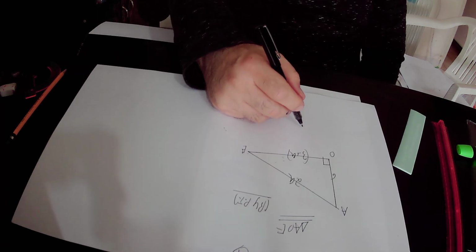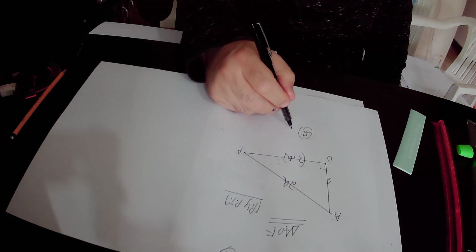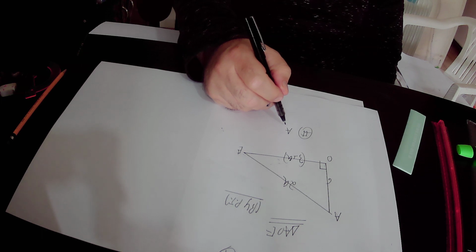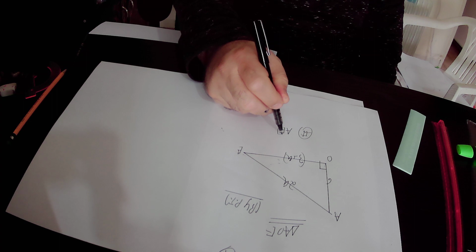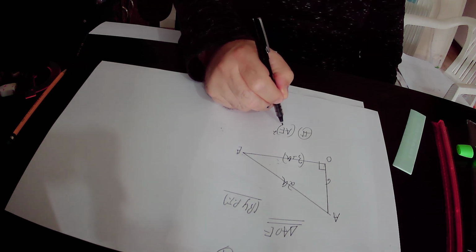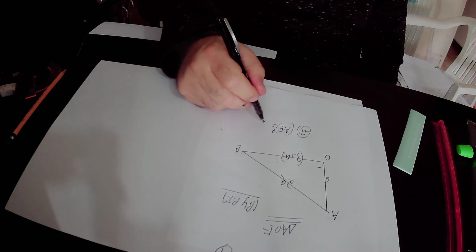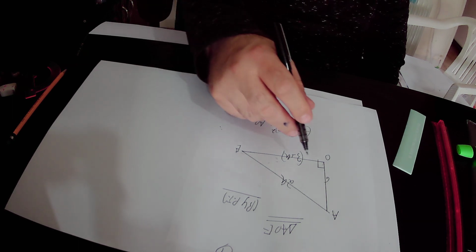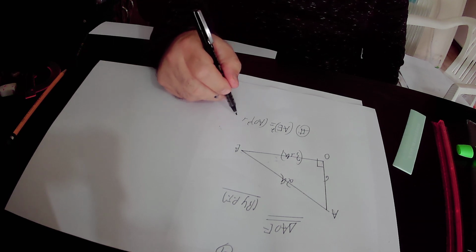So here, the square of the hypotenuse is AE squared, equals AO squared plus OE squared.